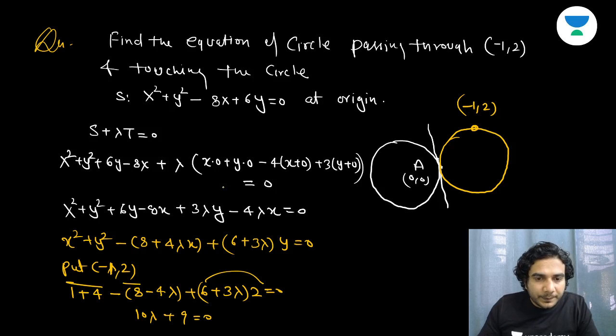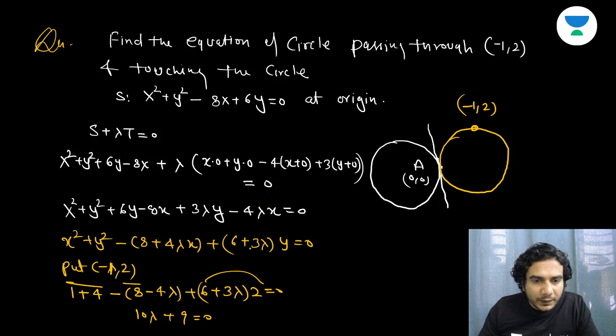Let me check it again. It was minus 4 plus 4x. Yeah, so x square plus y square plus 6y minus 8x. Let me check the calculation. 6y minus 8x, yeah, and plus 3 lambda y minus 4 lambda x.